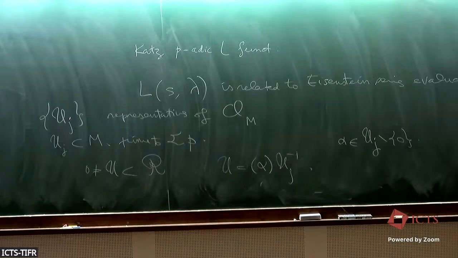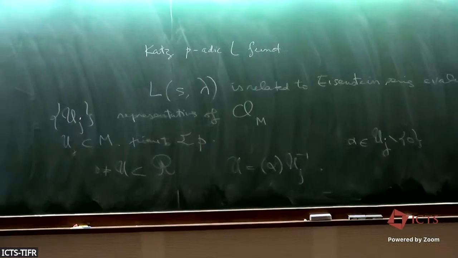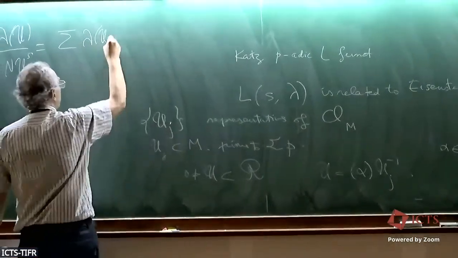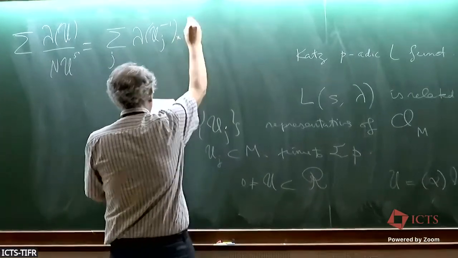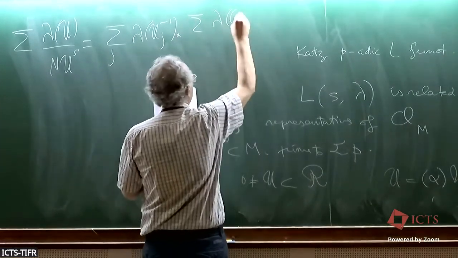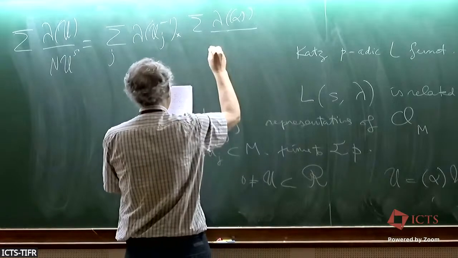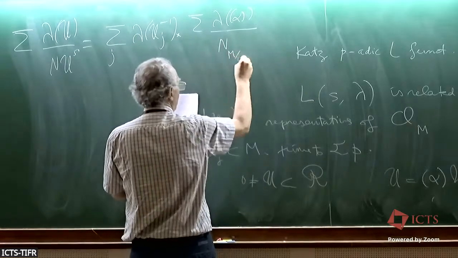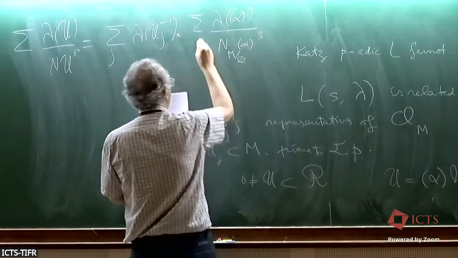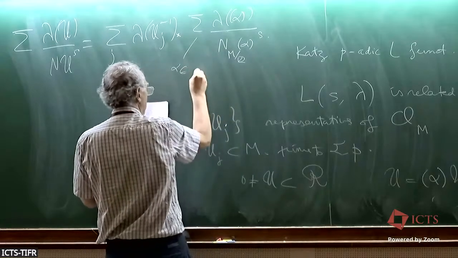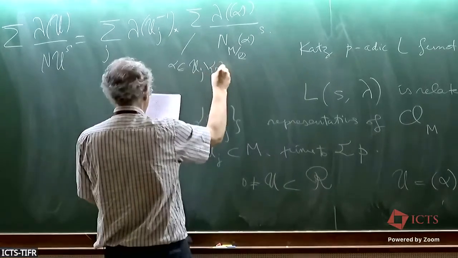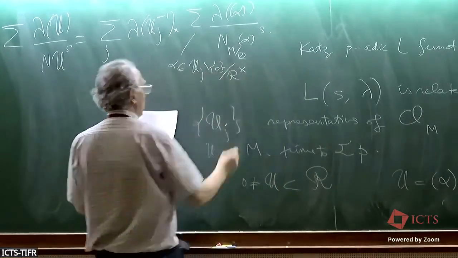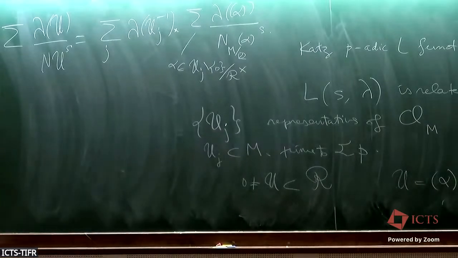So the definition was this. You rewrite it as a finite sum of lambda(A_j^{-1}) times the summation of lambda of alpha divided by the norm from M to Q of alpha to the S, where alpha runs in A_j^{-1} modulo R cross. Okay, that's the starting point.